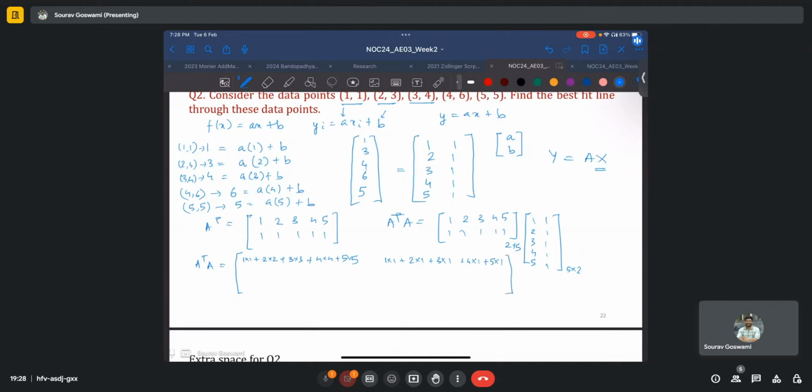This element right here will be 1 into 1 plus 2 into 1 plus 3 into 1 plus 4 into 1 plus 5 into 1. This one will simply be the sum of products of 1, so 1 into 1 plus 1 into 1 plus 1 into 1.